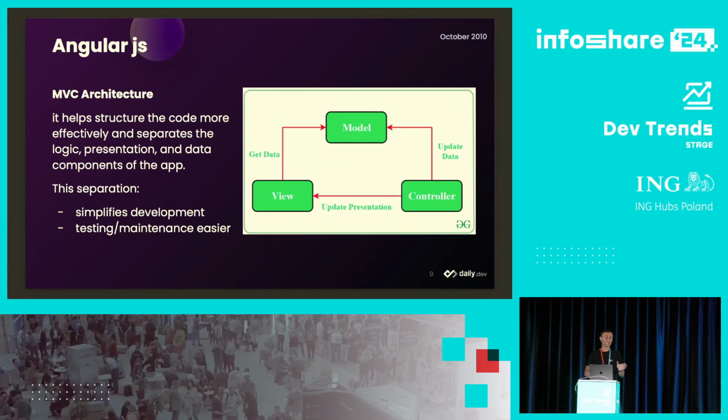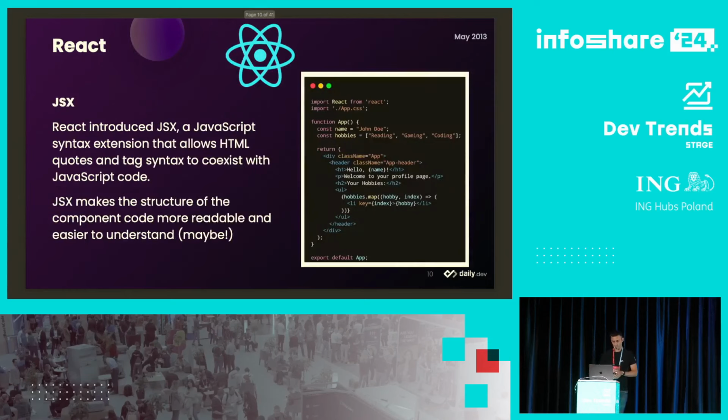Another core concept that AngularJS introduced in the JavaScript ecosystem was the MVC architecture, so model view controller, to basically separate the logic, the presentation, and the data component in the whole application. And this started to be good for developers because they could simplify their development and also test what was working and what was not working.